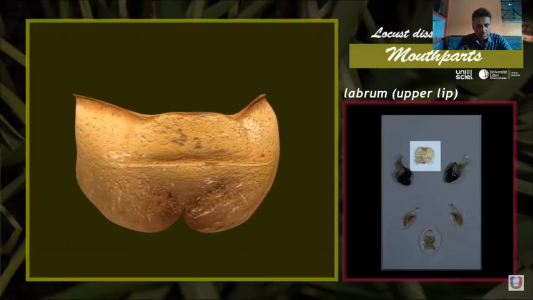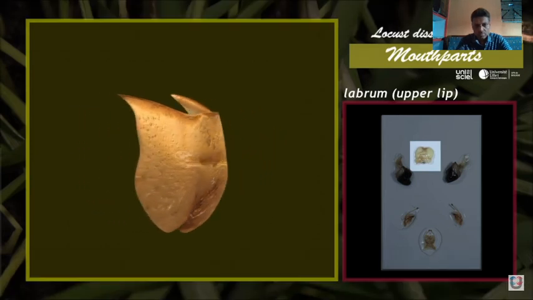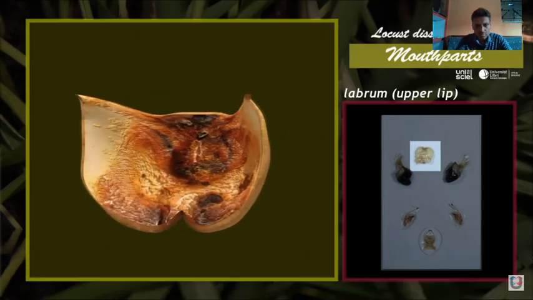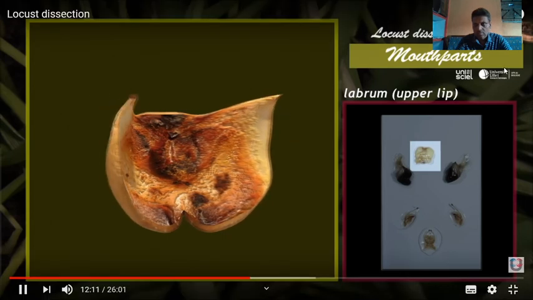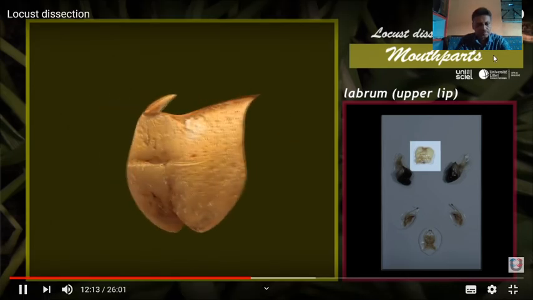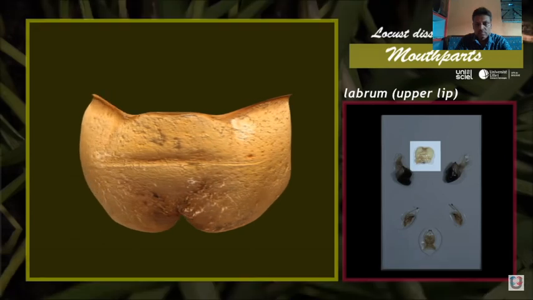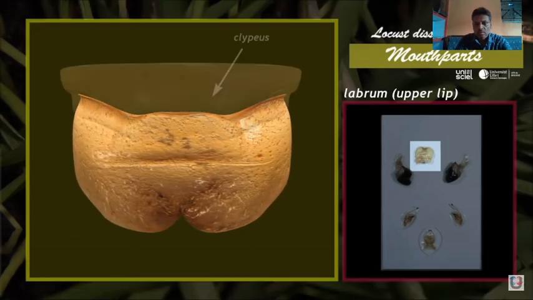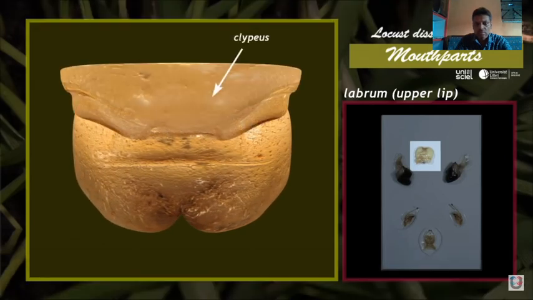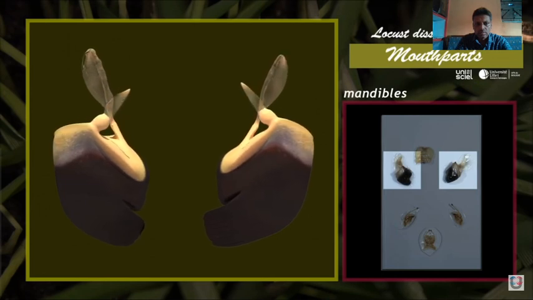The labrum has a concave shape and pushes the food back between the other mouthparts. On top of it is the clypeus. The mandibles are the most developed mouthparts.